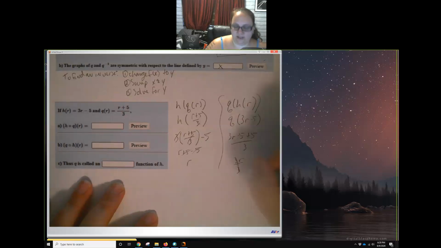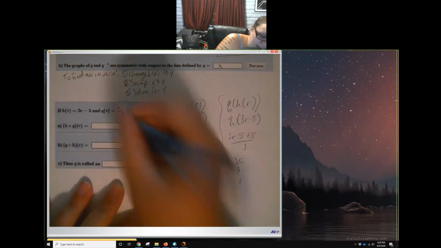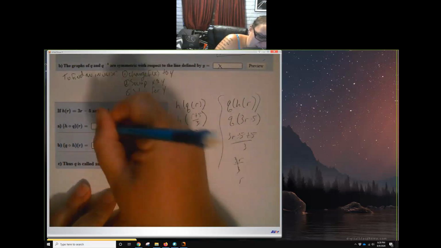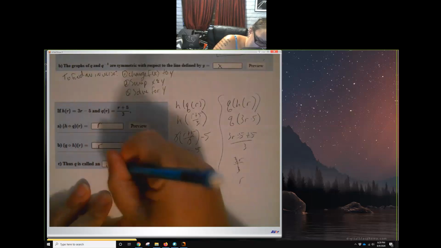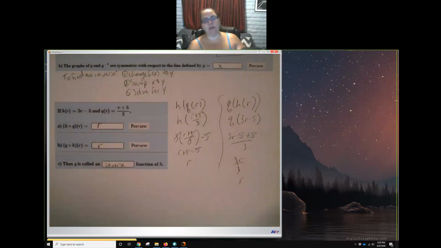The 3's will cancel. So I got just an r in both of these. And so then that means they're inverses. If when you compose in both directions, everything cancels except your variable, then your functions are inverses.